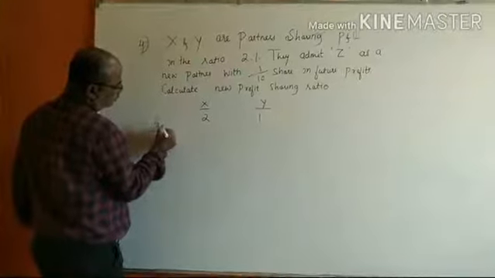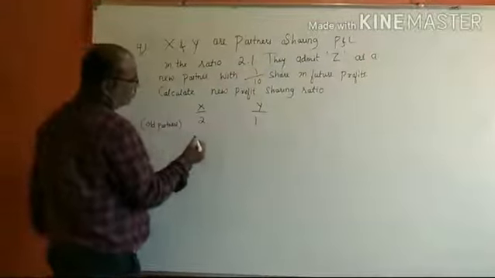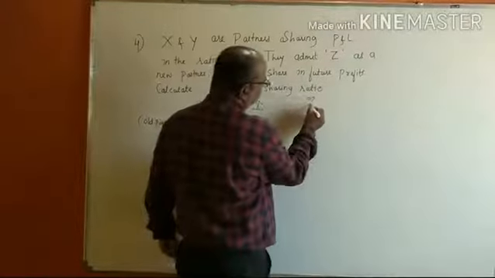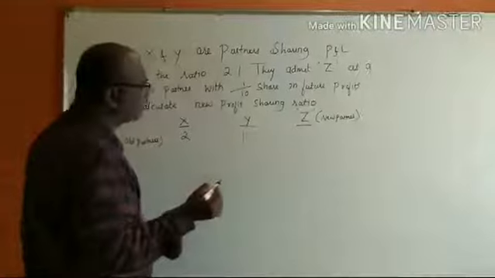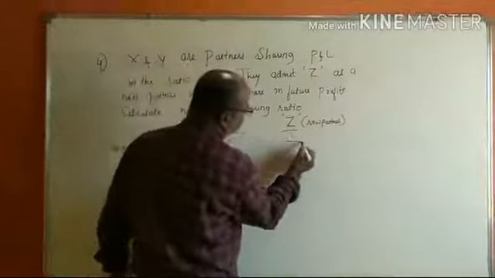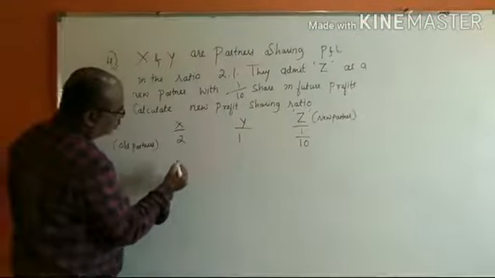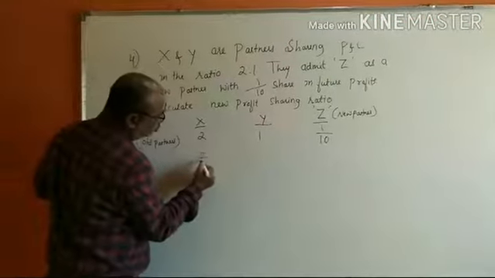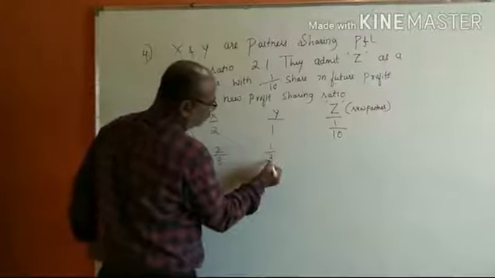Old partners, and Z is the new partner with 1/10. So this will be 2/3 and 1/3.